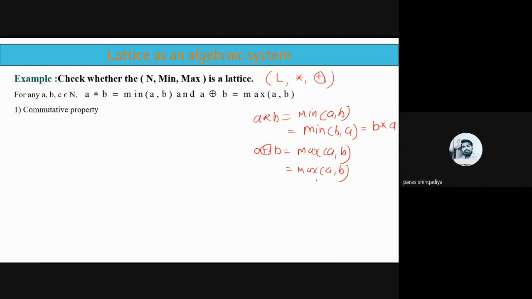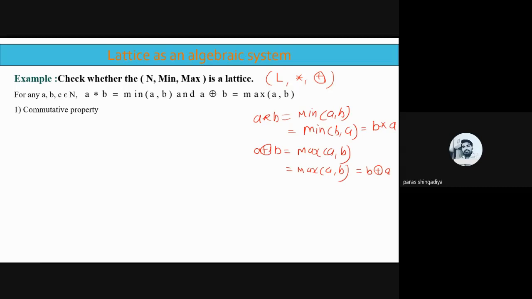There is no change. So the maximum of A comma B is equal to the maximum of B comma A, which is B ring sum A. So it is proved that A star B is equal to B star A, and A ring sum B is equal to B ring sum A.